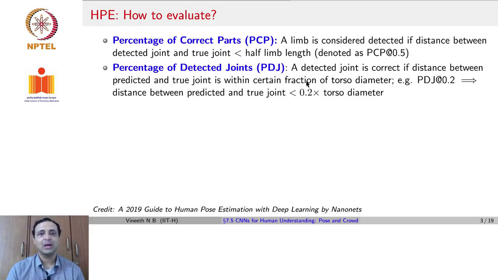So you could look at the torso diameter as a central scale for the person that you're modeling when you're trying to predict the pose of that person. So if you say PDJ at 0.2, you want to ensure that the distance between the predicted and the true joint is less than 0.2 times the torso diameter of the person under consideration.